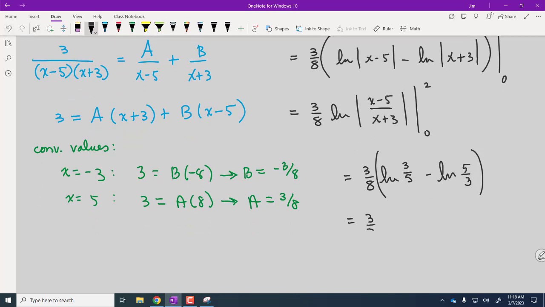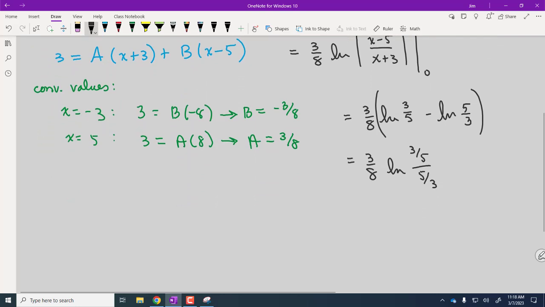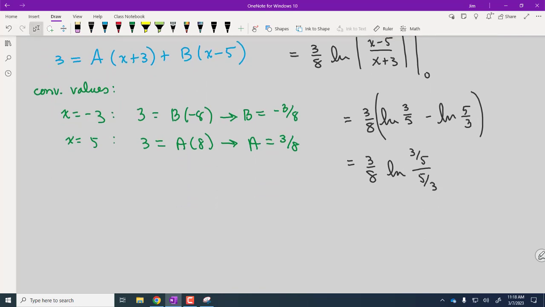This is going to be 3/8, then we're going to have natural log of 3/5 divided by 5/3. Oh, no, it's not 0. We all were jumping to the wrong decision there. So it's 3/5 divided by 5/3. So it's 3/8 natural log, when we multiply by the reciprocal, 9/25. Several of us were thinking 0, natural log of 1. Bad math.